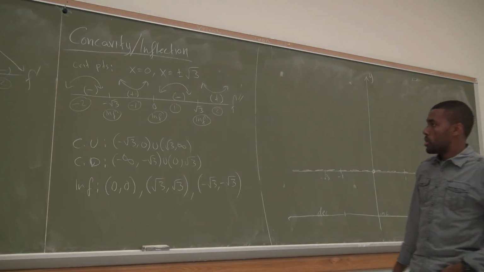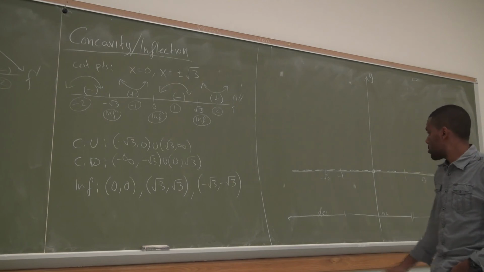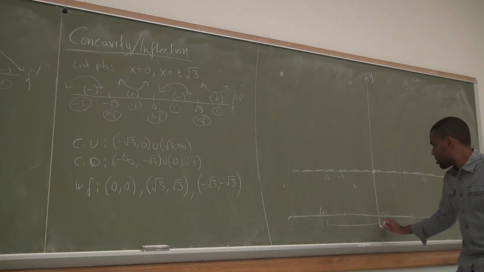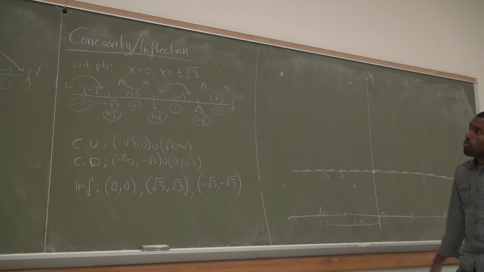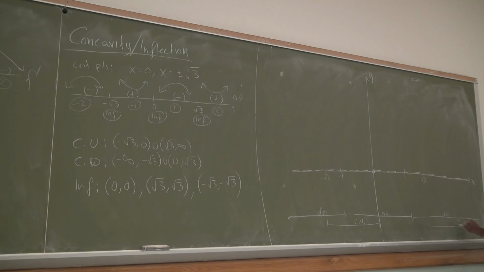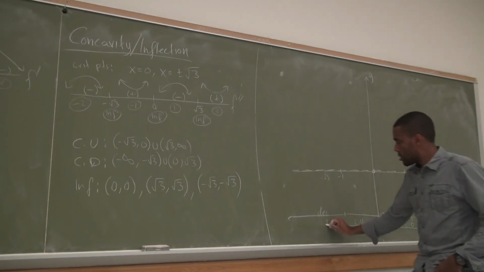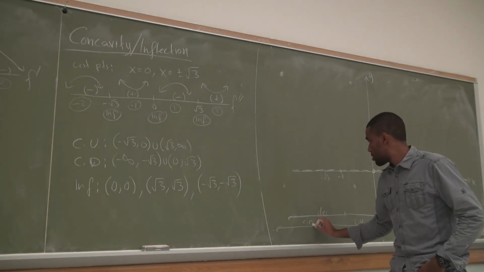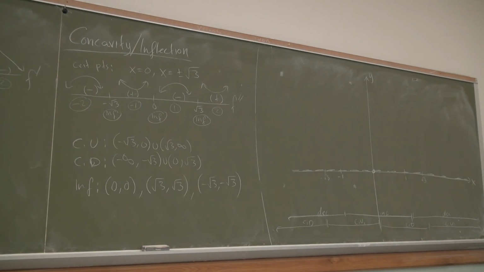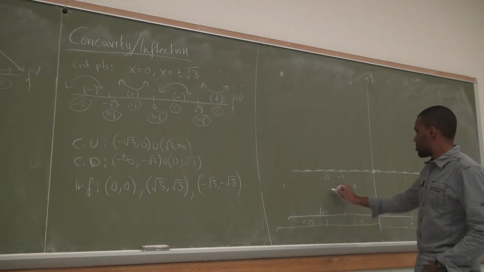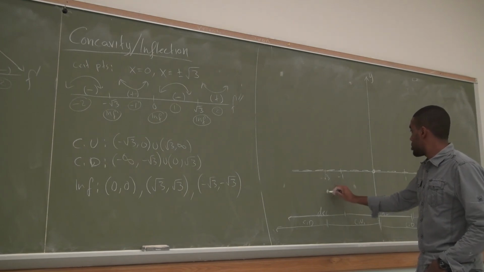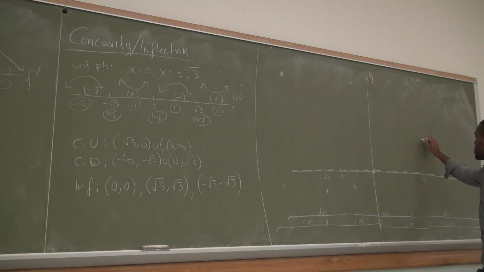So concave up here, and here, we're concave down in the middle, and at the end, and we have inflection points at about here.